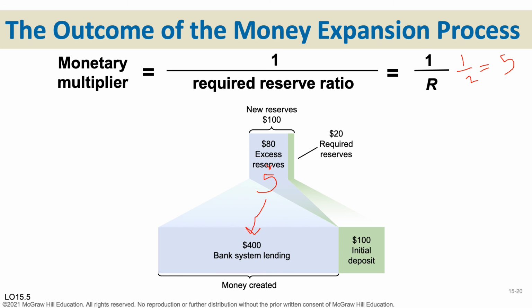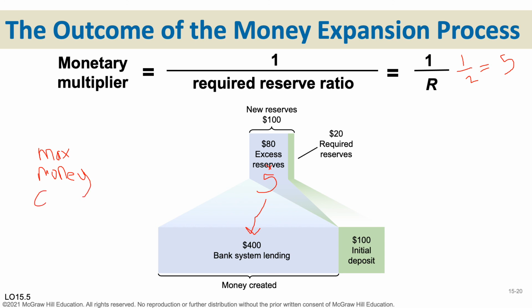So when you think about the money creating potential, that's the way your problems will ask it. What's the money creating potential? I want you to use that formula. Let's see, maximum money creating potential. Boy, that's a lot to write, isn't it?